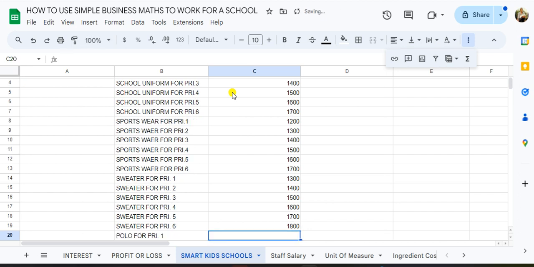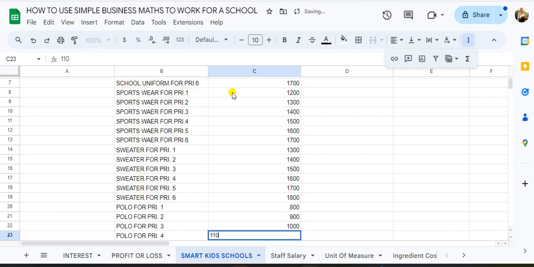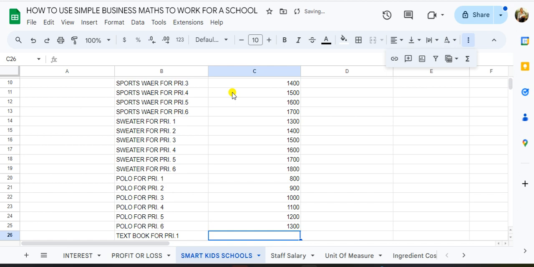All right. So let's say their polo, primary 1 is 800, primary 2 is 900, primary 3 is 1,000, primary 4 is 1,100. Let's just put it that way randomly. Primary 5 is 1,200, primary 6 is 1,300. Then their textbooks, let's say primary 1 is 1,500. This is done every term, per term.